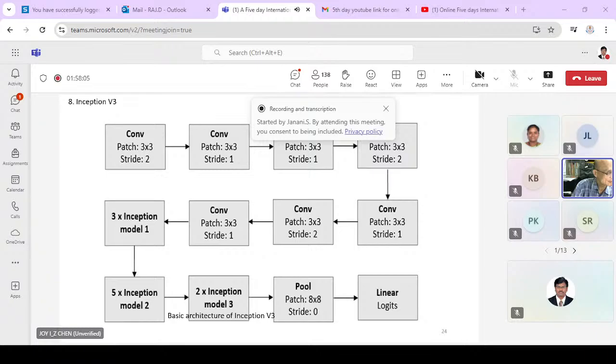Okay. I think next I will introduce Inception version 3. This is an important neural network architecture based on CNN, a cutting-edge architecture for convolutional neural networks. It builds upon the success of its predecessor, Inception version 1, and now goes to Inception version 4 or 5.